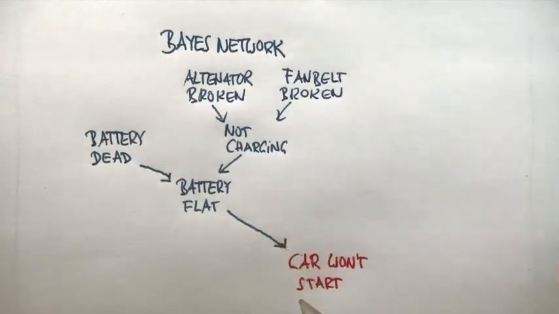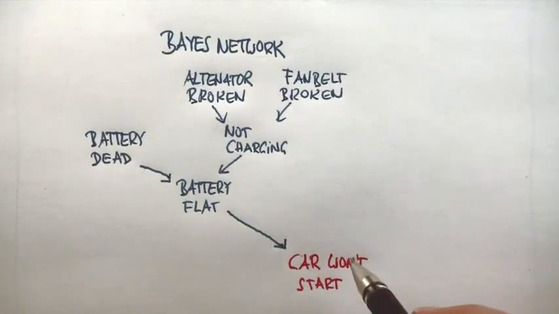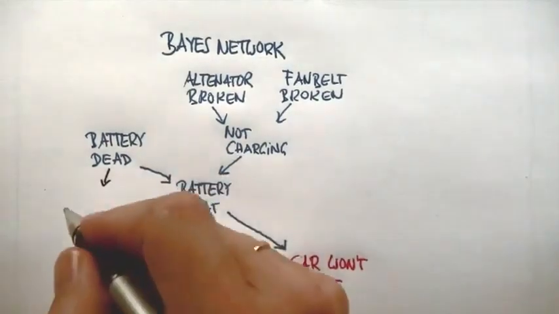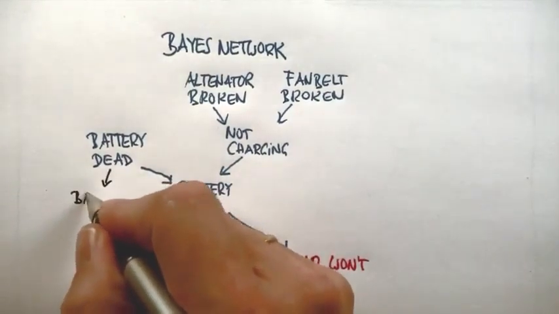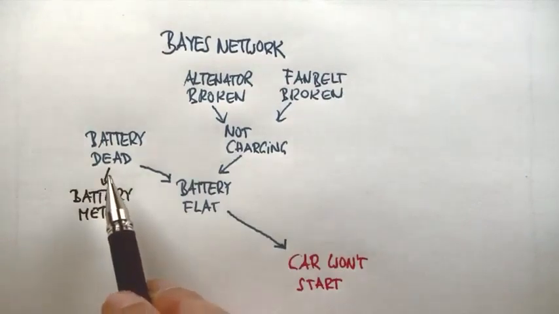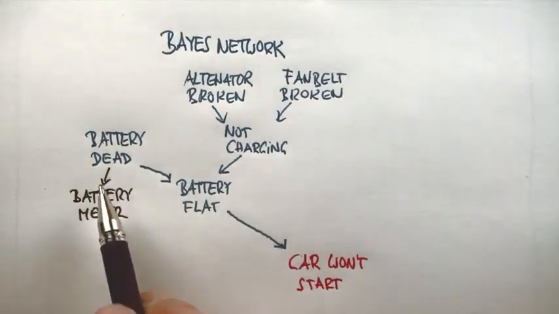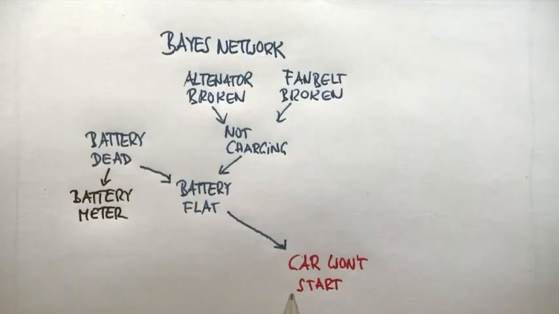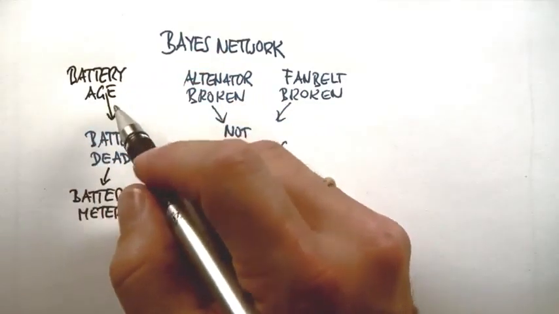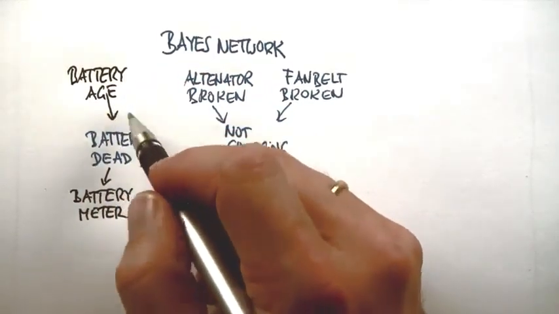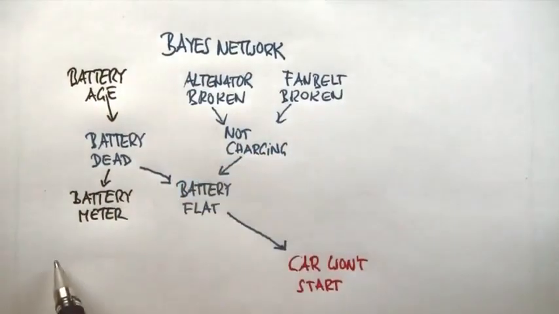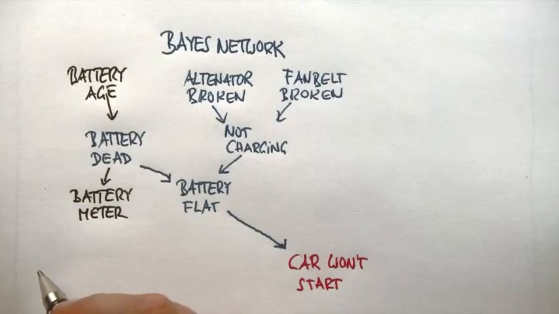And a natural question you might have is, can we diagnose the problem? One diagnostic tool is a battery meter, which may increase or decrease your belief that the battery may cause your car failure. You might also know your battery age. Older batteries tend to go dead more often. And there's many other ways to look at reasons why the car might not start.